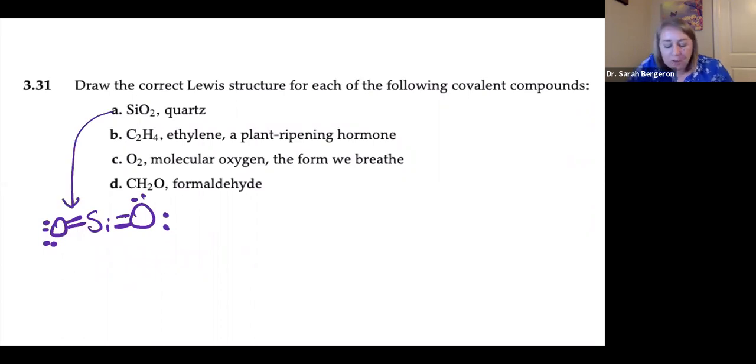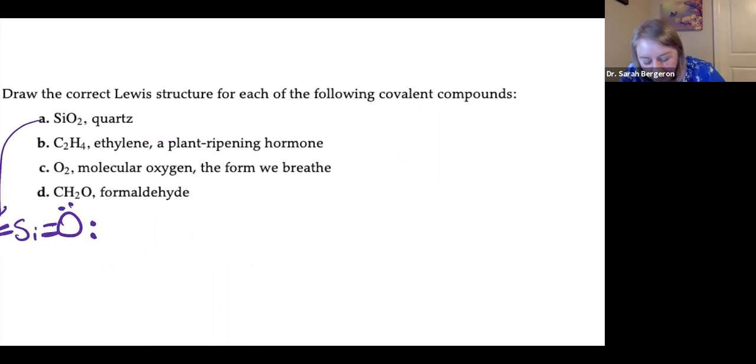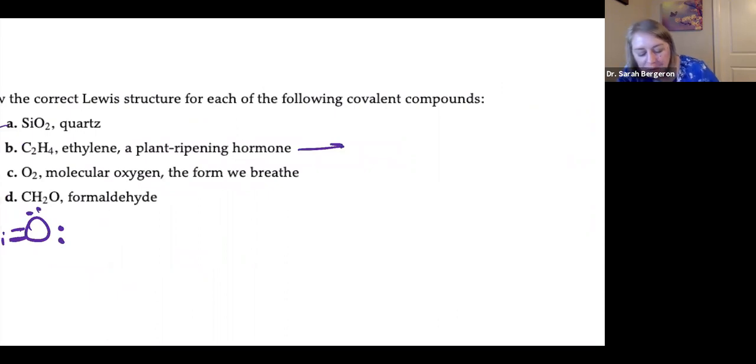B, C2H4. Whenever you have just carbons and hydrogens, it's usually really easy, because the number of hydrogens is usually divided between the carbons equally. So if you have 2 carbons, I'm going to give each carbon 2 hydrogens.